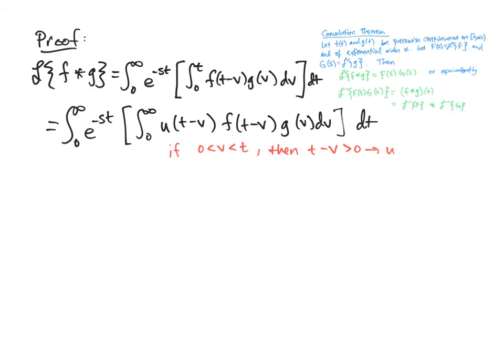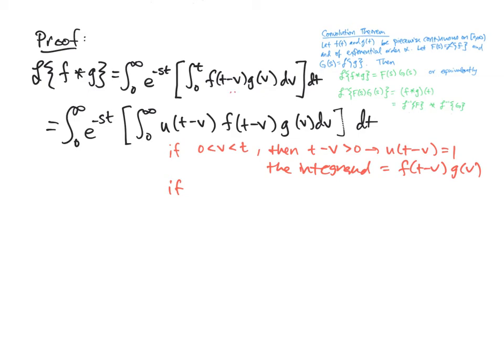And that means that u of t minus v is equal to 1. So in this case the integrand equals f of t minus v times g of v. Okay, and so it's the same thing as up here.